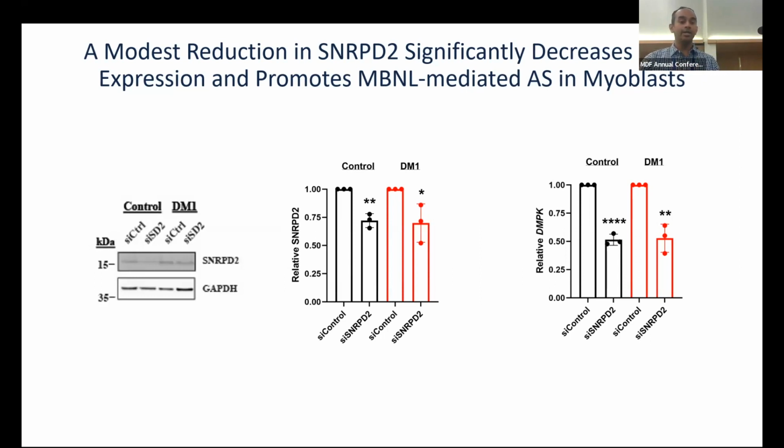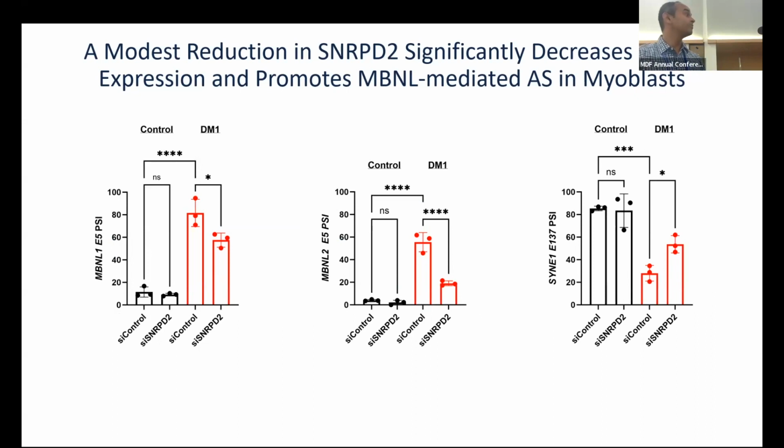So unlike in the HeLa DM1 cell model, where it showed a selective effect, here it showed general DMPK reduction. And again, we confirmed that missplicing of MBNL regulated events was significantly rescued in the DM1 myoblasts, and there didn't seem to be a dramatic effect in the control cells.